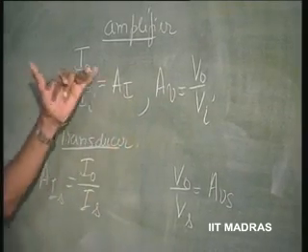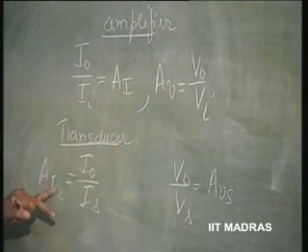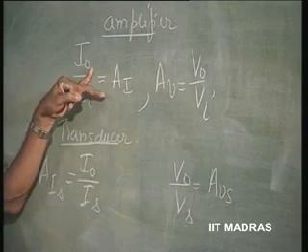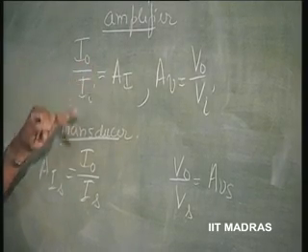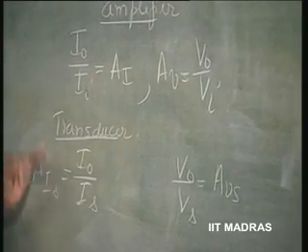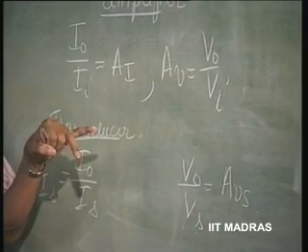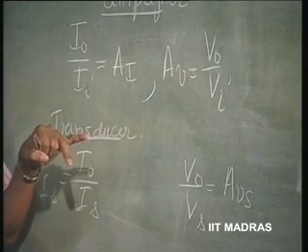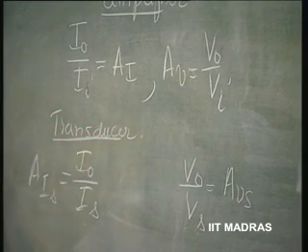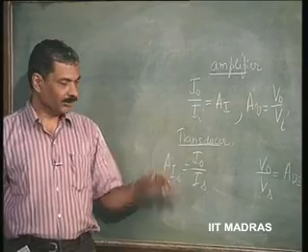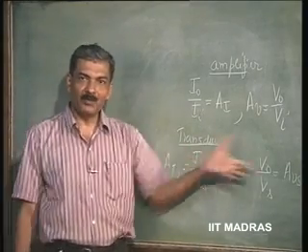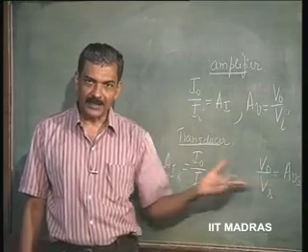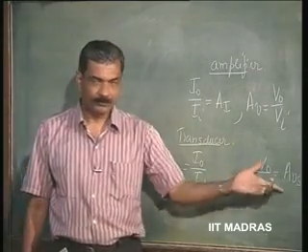The same is the case with AIS, which is going to be greater than AI, that is AIS into Rs divided by Rs plus Ri is the factor involved. In both, there is no difference in the factor. The factor is the same.